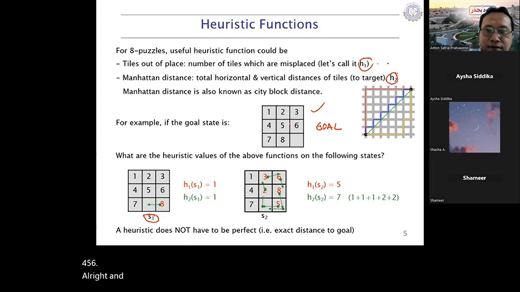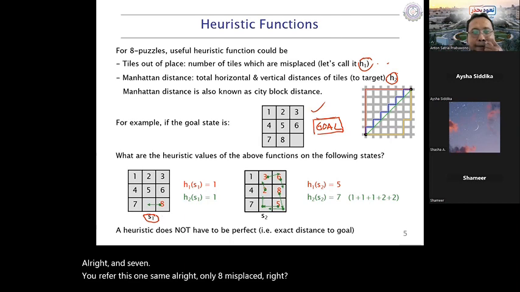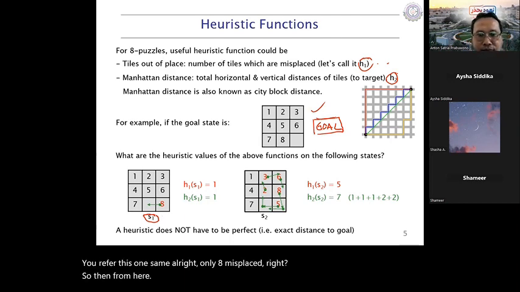And 7 is also the same. 8, only 8 is misplaced. So H1 is only 1 tile misplaced.